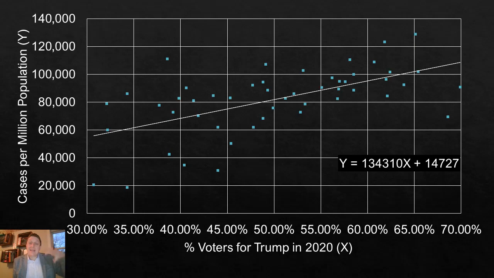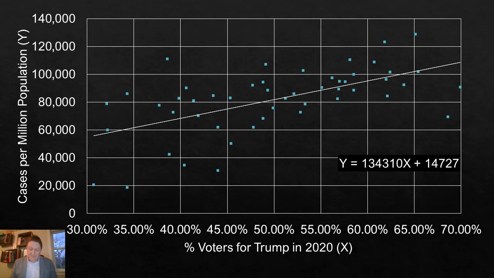But if there was a state out there that had no support, 0% of the vote went to Donald Trump, we would expect that the cases per million population, based on where that line is going, would be at about 14,727. There, that's where we go.